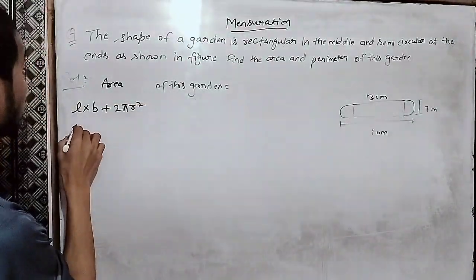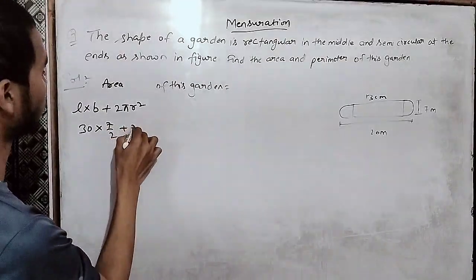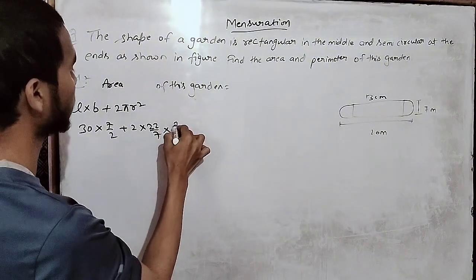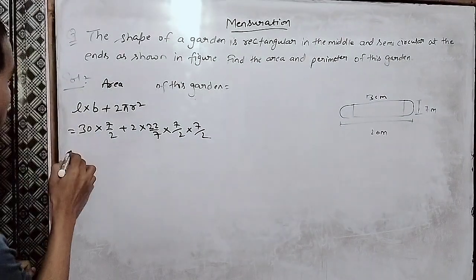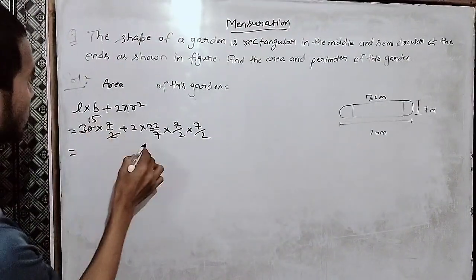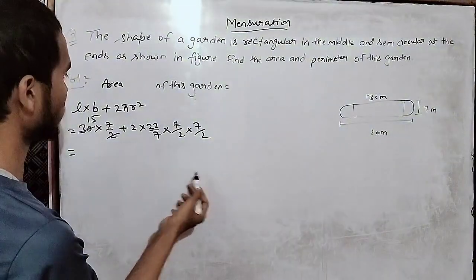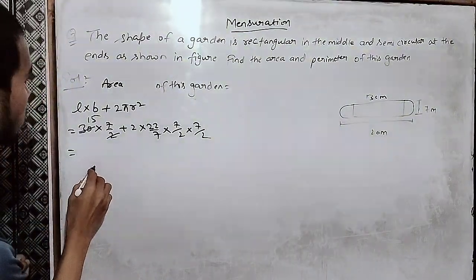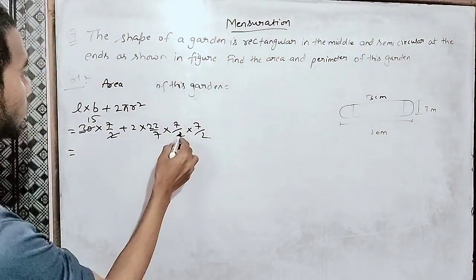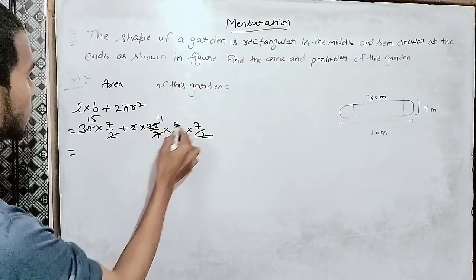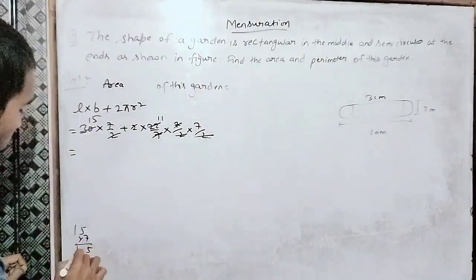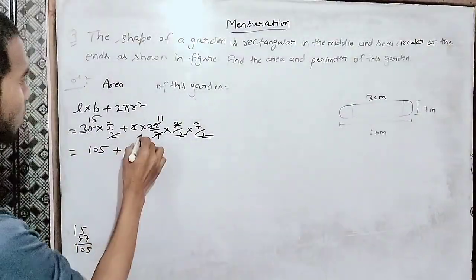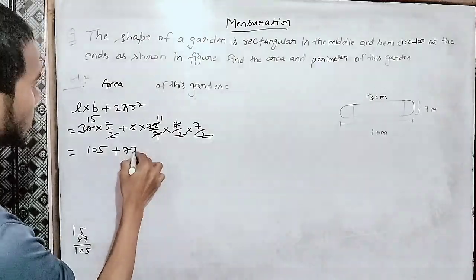Then 7 by 2 times 7 by 2. 15 sevens are 105, and 11 and 11 sevens are 77.